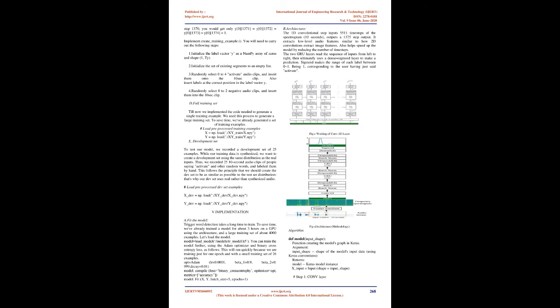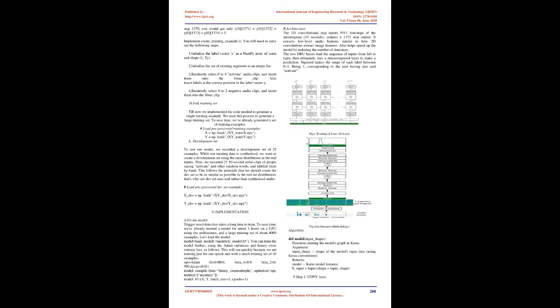Now, we use the previous helper functions to insert a new audio clip onto the 10 second background at a random time, but making sure that any newly inserted segment doesn't overlap with the previous segments. Implement insert_audio_clip to overlay an audio clip onto the background 10 second clip. You will need to carry out 4 steps. 1. Get a random time segment of the right duration in ms. 2.